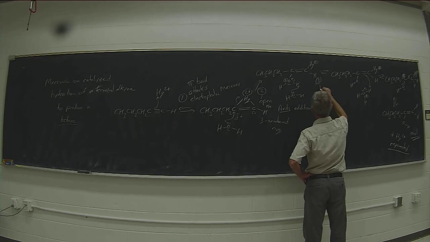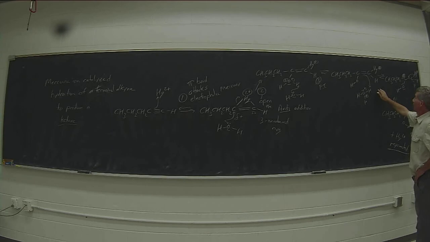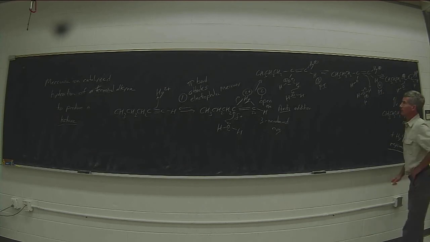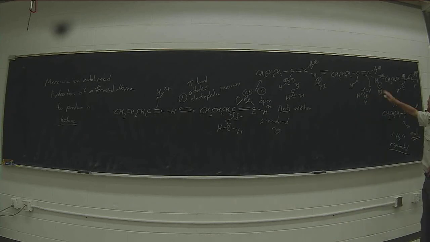Third step is a proton transfer. The fourth step is another proton transfer. So we've taken the proton off this oxygen and then added it to the carbon. And then step 5 is for the mercuric ion to fall back off. And now we have an enol.